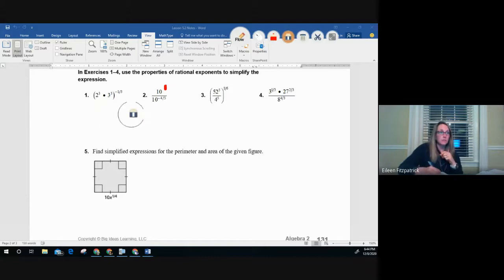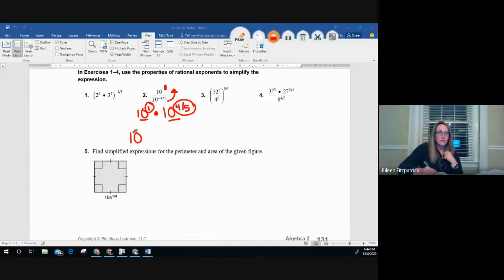Another way to approach the problem is to move this up, and when you do that, instead of a negative exponent, it becomes positive. Because remember, anytime you move it, it changes the sign of the exponent. So it becomes 10 to the first times 10 to the positive 4/5. Now, because the bases are the same, our exponent rule is to add the exponents.